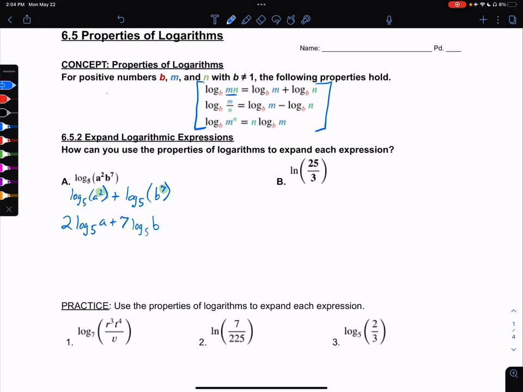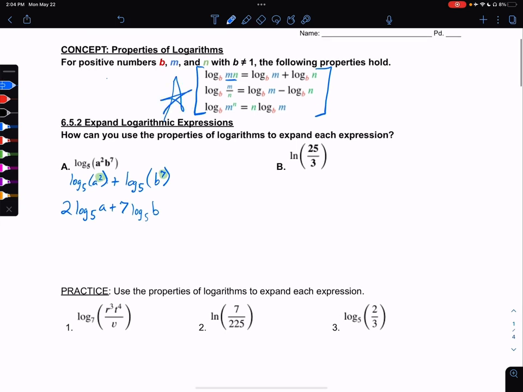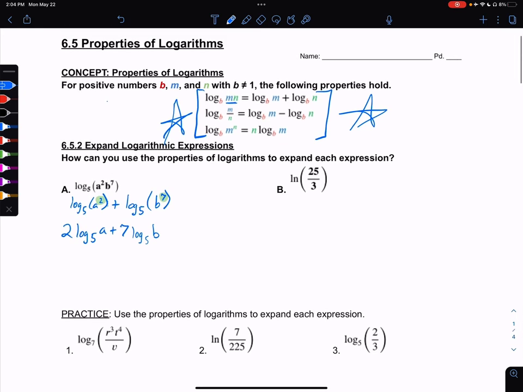The thing you're working on here, again, is these three properties up here. You're just going to work on applying those within a logarithmic expression. Okay, so let's take a look at part B. Part B, we have the natural log of 25 over 3.